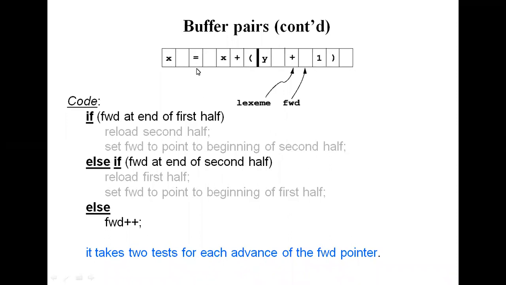The begin pointer stays at the is equal to assignment operator, the forward pointer moves ahead, and again a blank space is encountered. That means we identified a lexeme; when the forward pointer encounters the blank space, it indicates the end of the lexeme.